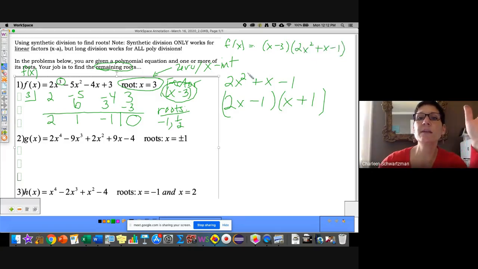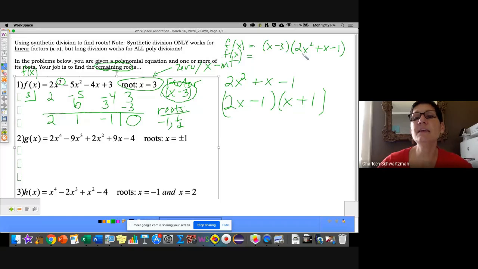Would you all agree with that? Yes, because if I were to multiply this out, when I divided this synthetically, I got these as my coefficients to my quadratic that Kai said that we had. Is everybody in agreement? Yes. So if I FOIL this out, I should wind up exactly where I started. Yay or nay? Yay.